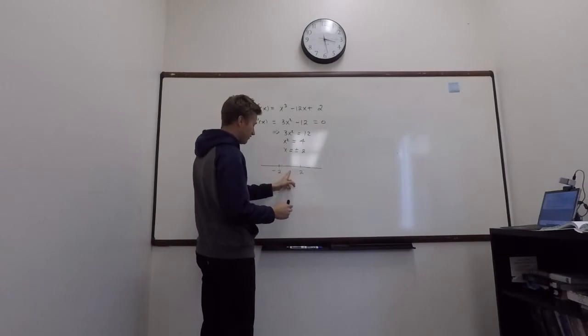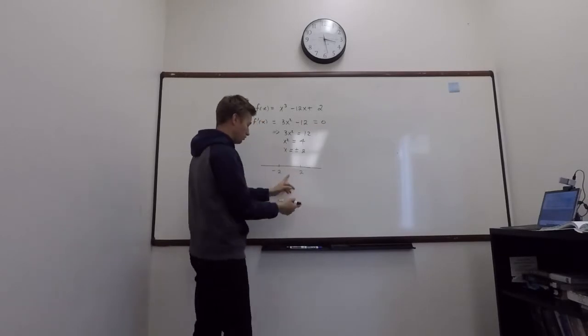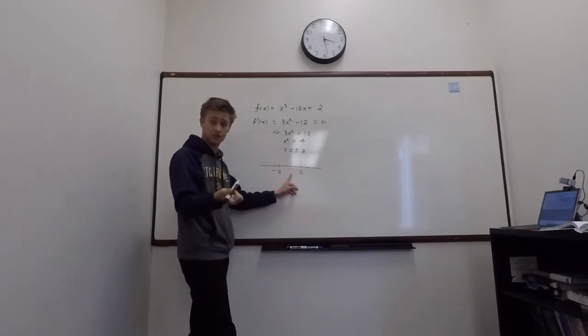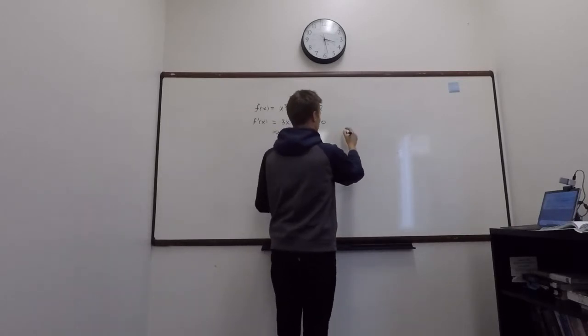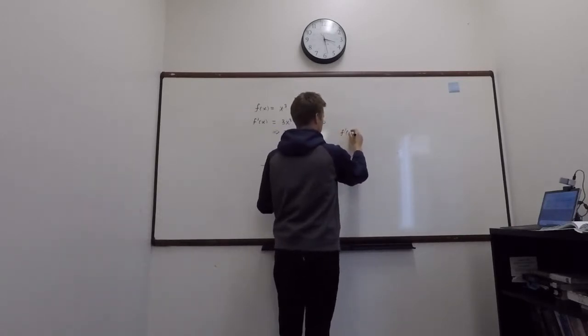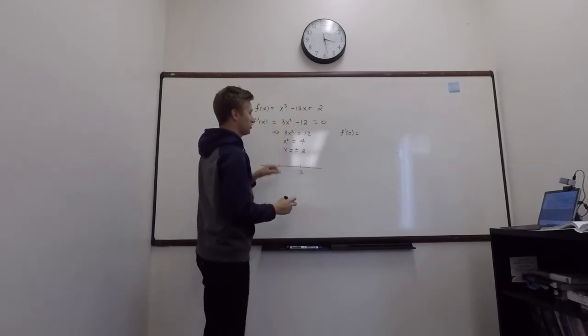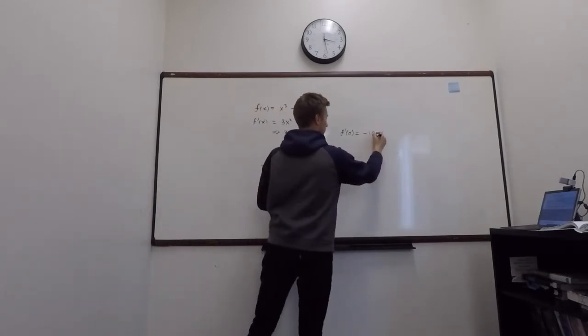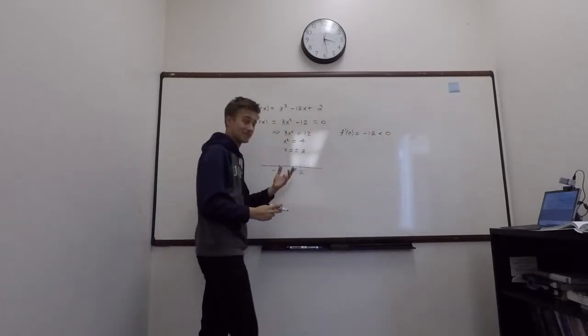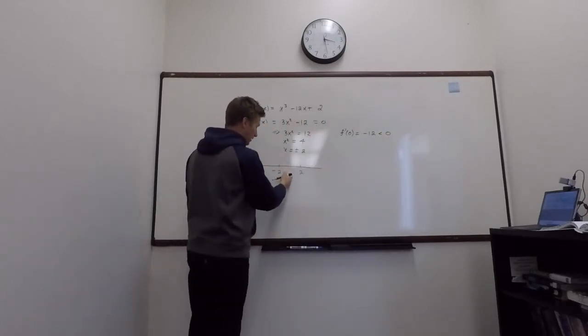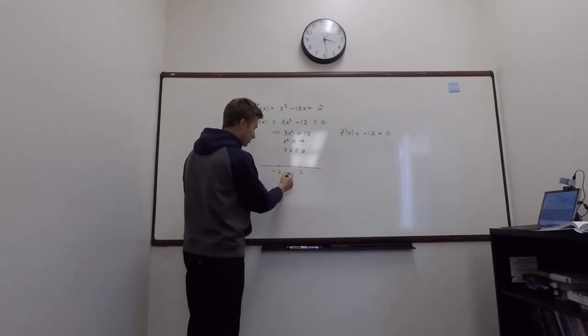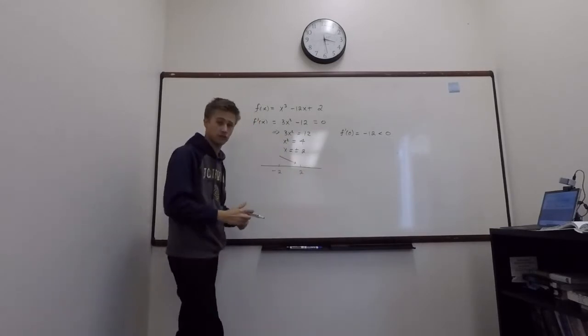So if I take a value between negative 2 and 2, the easiest one I can choose is 0. So we'll look at f prime of 0. F prime of 0 is negative 12, which is less than 0. It's negative. So because it's negative, we say this is decreasing, and I'll draw a downward arrow.